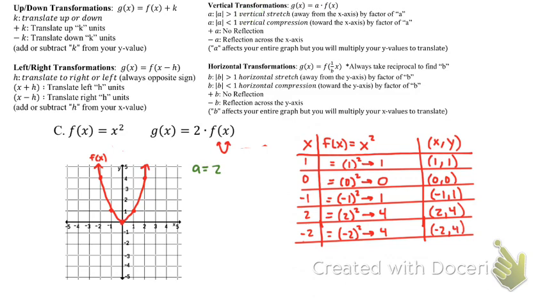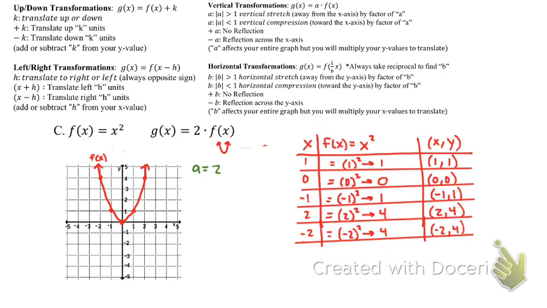Since a is bigger than 1, we have a vertical stretch. And then we look at the sign. Is the a positive or negative? In this case, the a is positive, so that means we're not going to have a reflection. All right? So how do we put a into our graph?